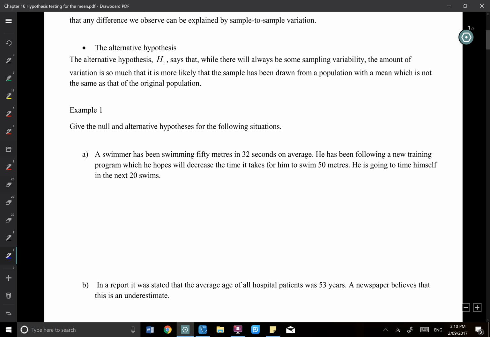He has been following a new training program, which he hopes will decrease the time it takes him to swim 50 meters. He is going to time himself in the next 20 swims.